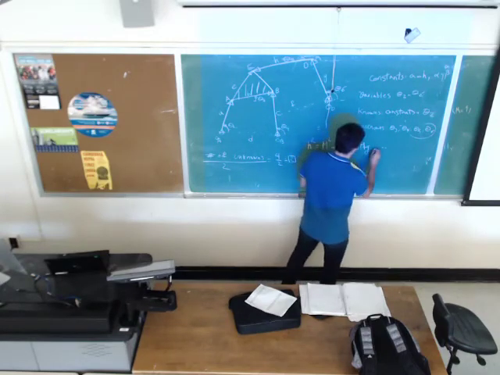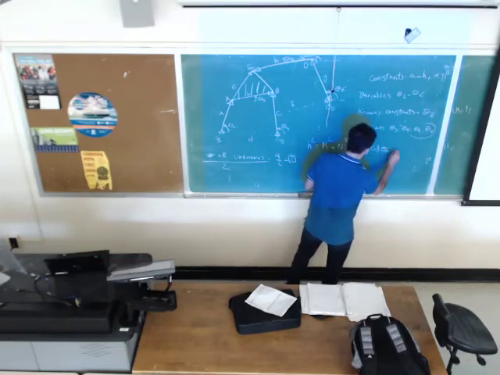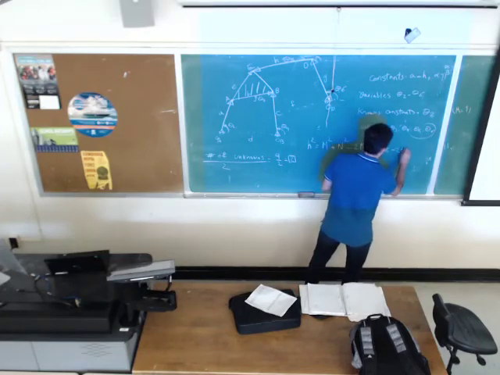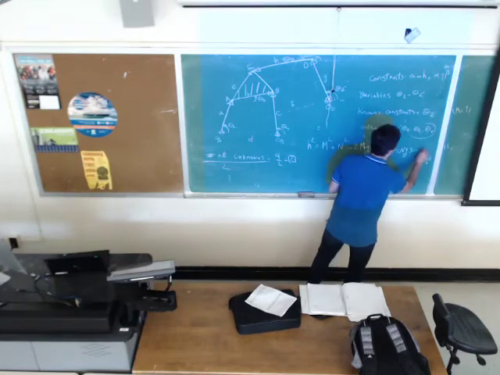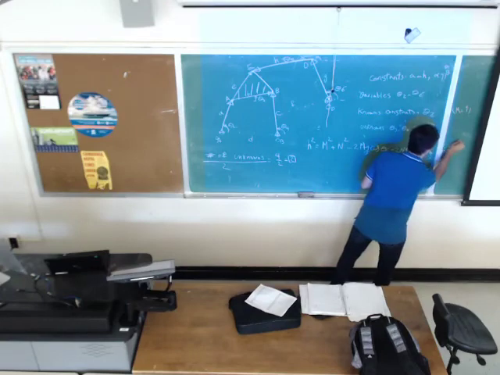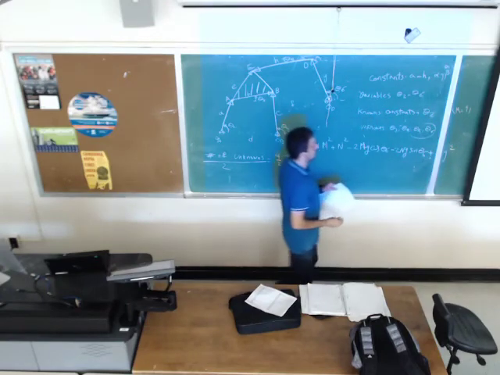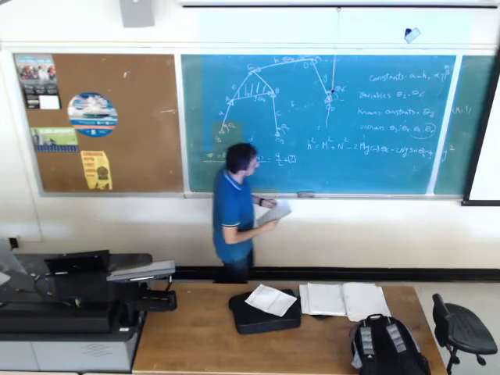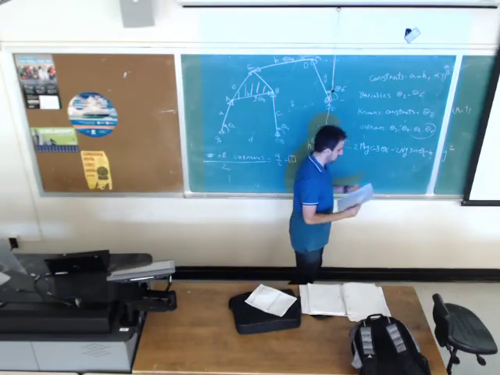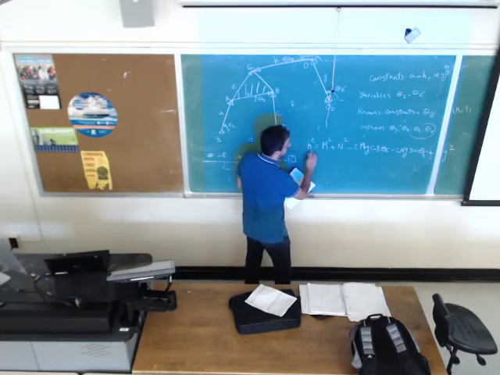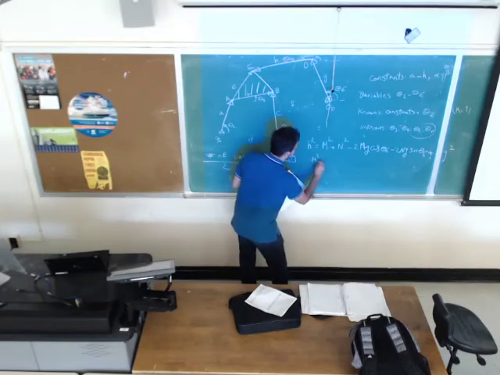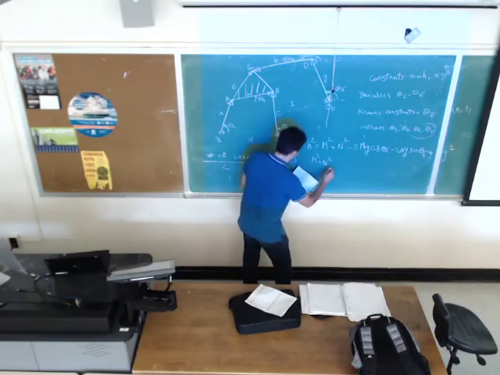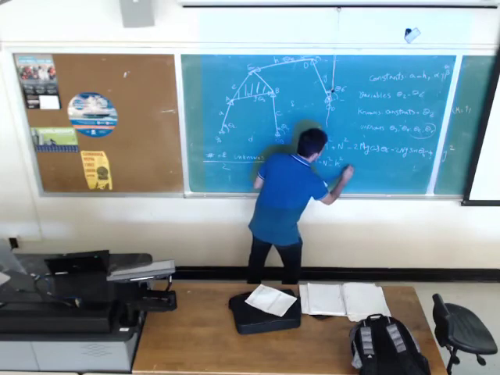If I move to the other side, I'm getting m squared plus n squared minus h squared minus 2mg cosine of theta 6 minus 2ng sine of theta 6 equals 0.